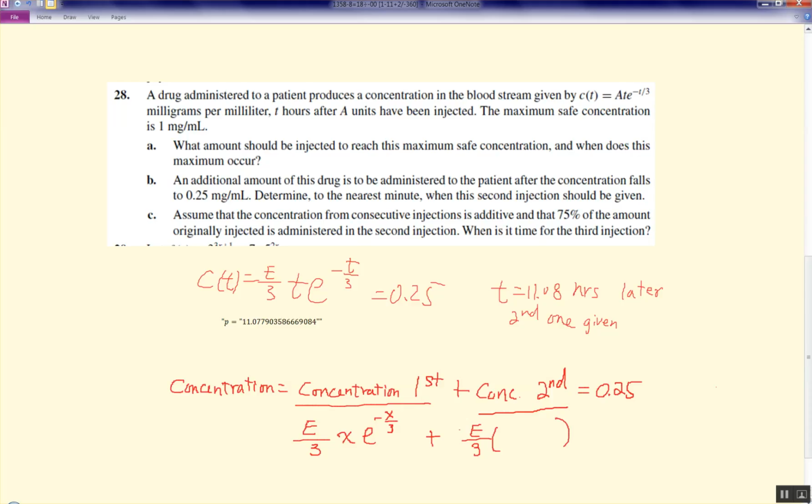Now, the second injection is given at this time, right? We solved that in the second part, right? So its concentration should be equal to x minus this time, because this is given after this time.